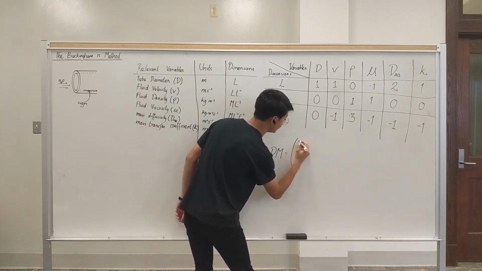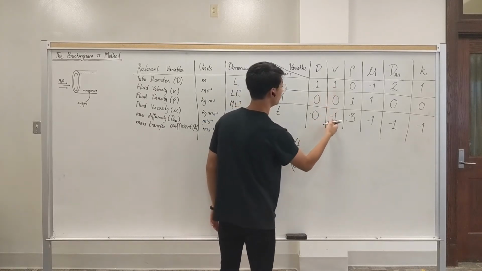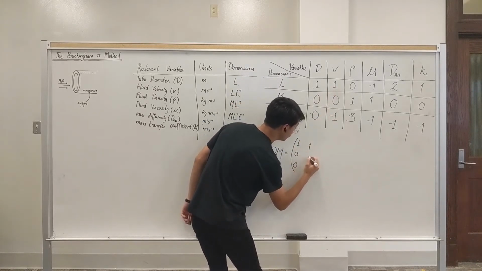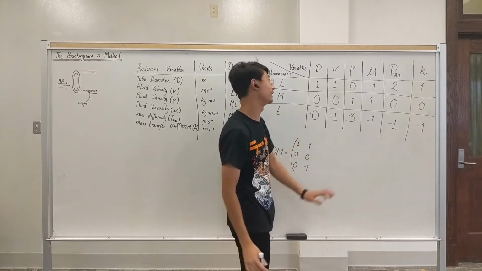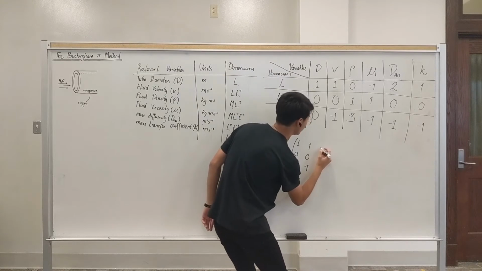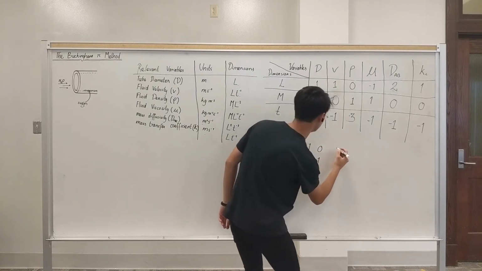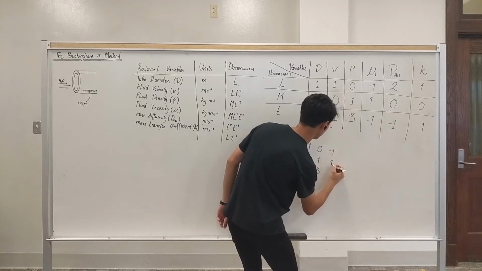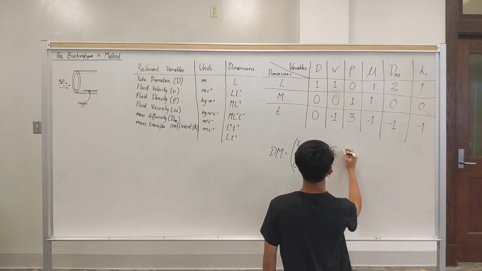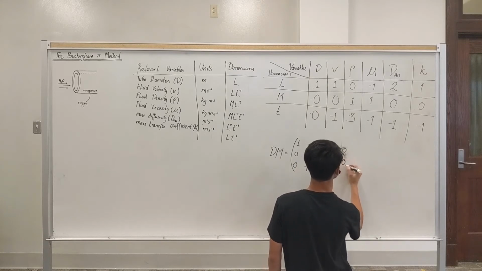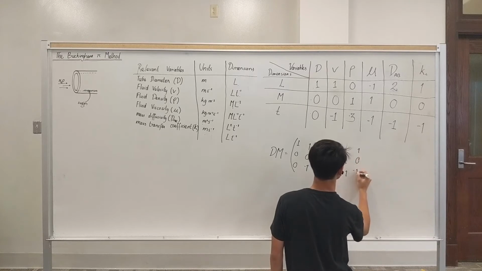So we're going to write that down as is, 1, 0, 0, and then 1, 0, -1, 1, 0, -1, and in the same way, we're just going to do the entire table. So that's 0, 1, -3, -1, 1, -1. That's 2, 0, -1, 1, 0, -1.